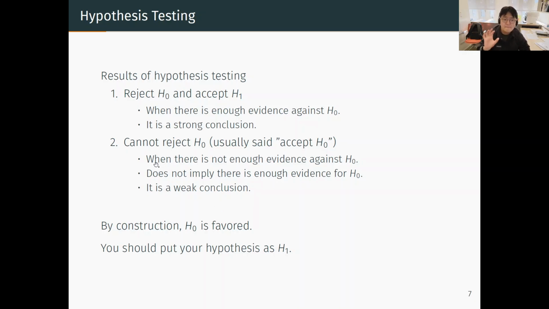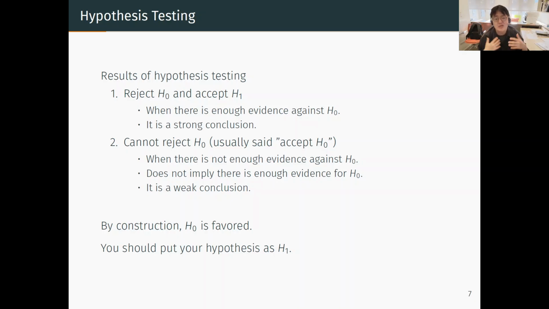So there are two options, and as you can see, by construction, by this decision-making process, the null hypothesis is favored. Because if it's clearly wrong, then it will be rejected. If it's clearly true, then it will be accepted. But if it's uncertain, still you are going to accept the null hypothesis.